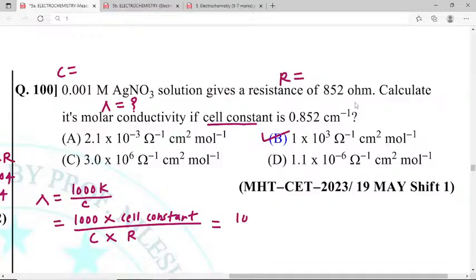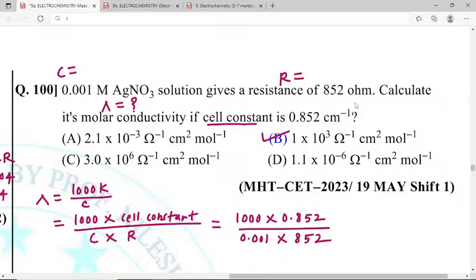So this is 1000 multiplied by cell constant 0.852. This whole divided by C. How much is the concentration C? 0.001 multiplied by the resistance 852.